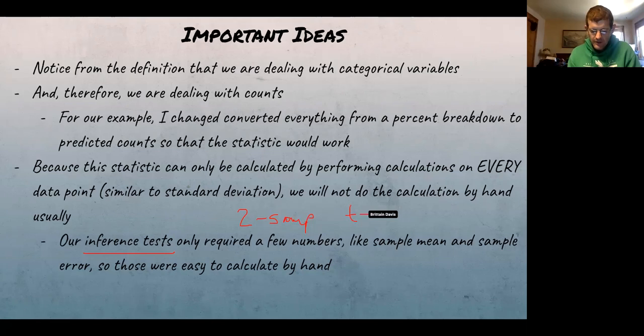Well, that required x bar sub 1, s sub 1 and n sub 1, x bar sub 2, s sub 2, and n sub 2, and then your degrees of freedom. You needed 7 numbers to do that calculation. But with a chi-square, you could need to do thousands of calculations, and that's just not feasible.